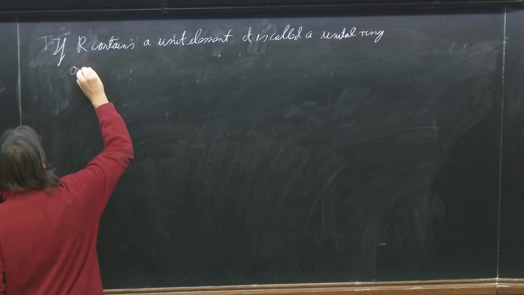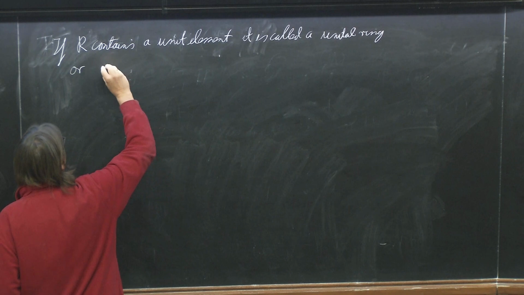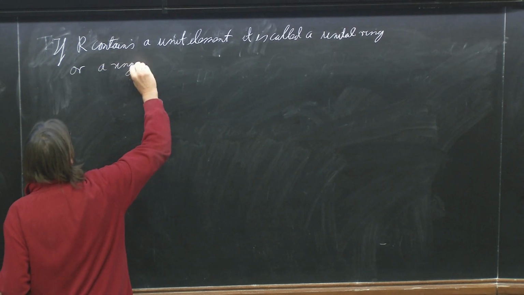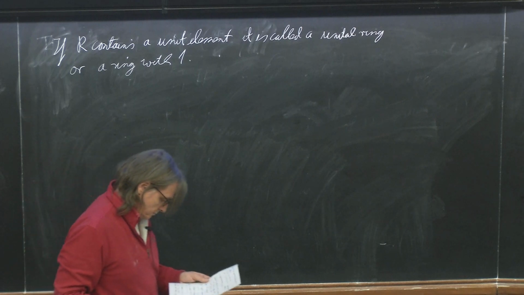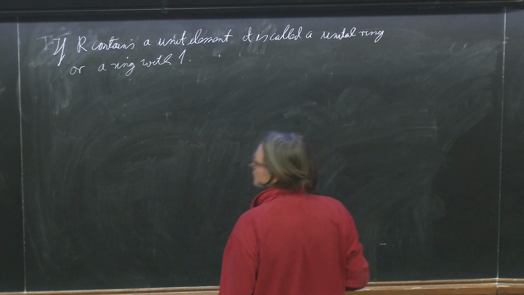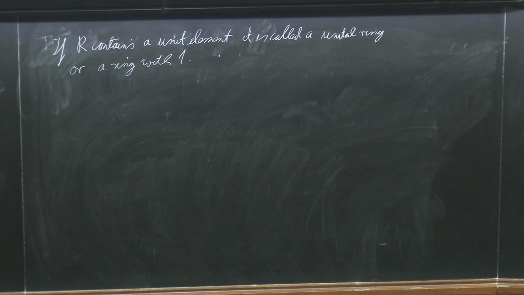Or I usually just write a ring with 1. So in the course, we will mostly study commutative rings with 1. So for instance, an example for that are the integers.